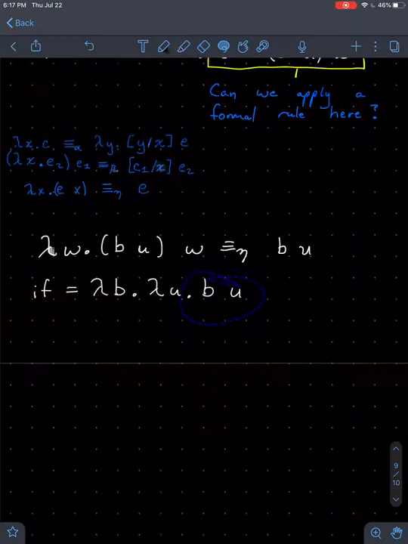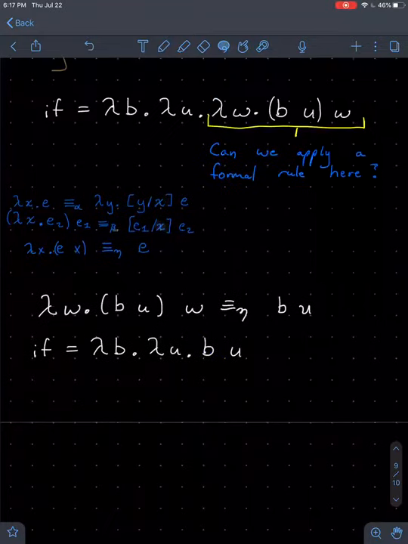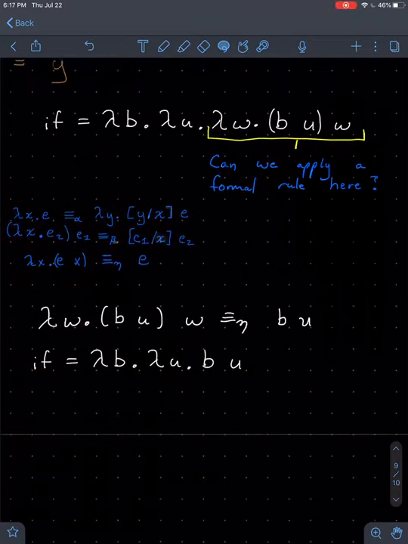How about now? Can we do any other reductions here? Can I ask you a question about your eta reduction there? Please do. Okay, so we've got lambda x dot ex, right? And in the problem we have lambda w dot bu.